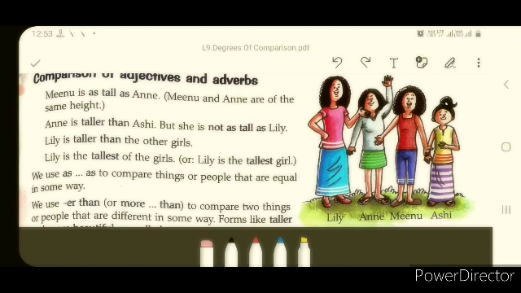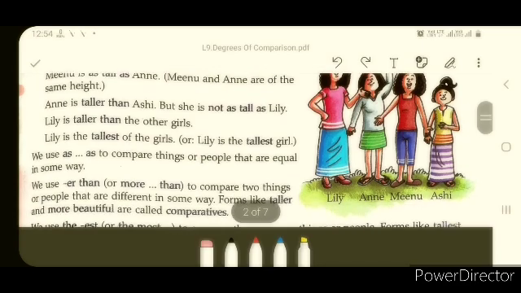All right. Some important words that you are going to be wary of are as, as. We use as dot dot dot as. It could be any word filling in between, like tall, short, sharp, strong, bold, etc. So we use as, as to compare things or people that are equal in some way.